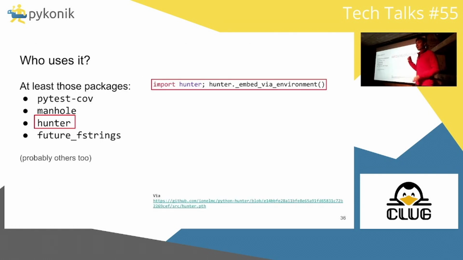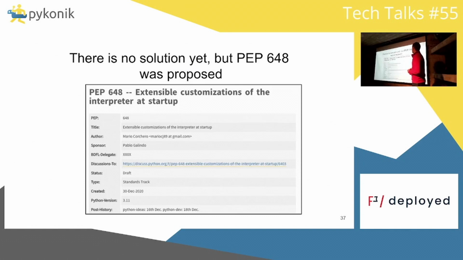Okay, any questions regarding the PTH or comments? Okay, let's go to the next thing. Oh, by the way, there is no solution for the PTH files. They will just execute every time. Obviously, there is some possibility.